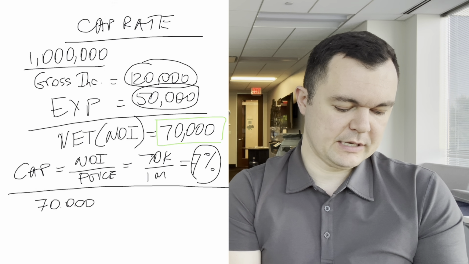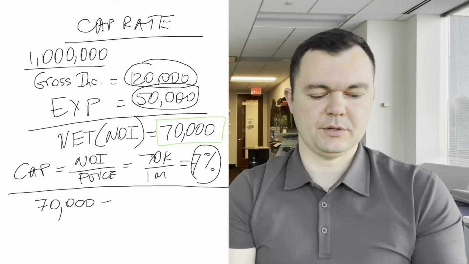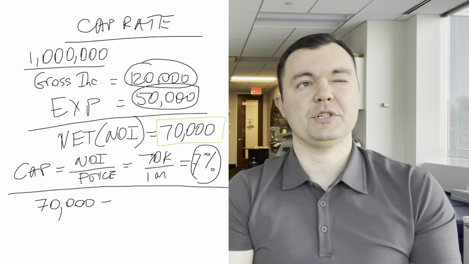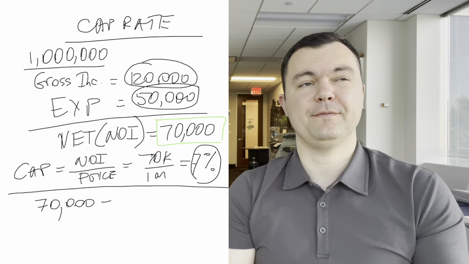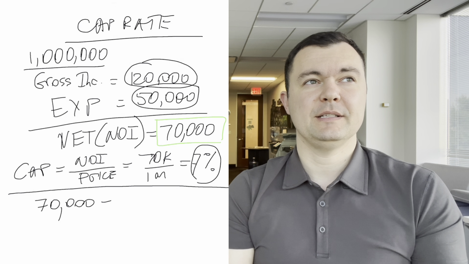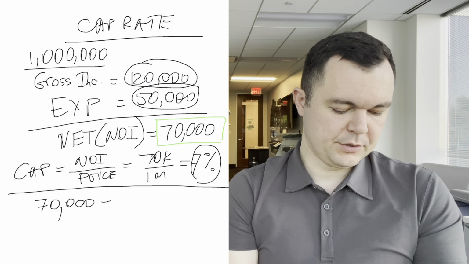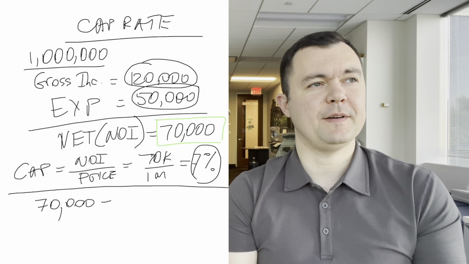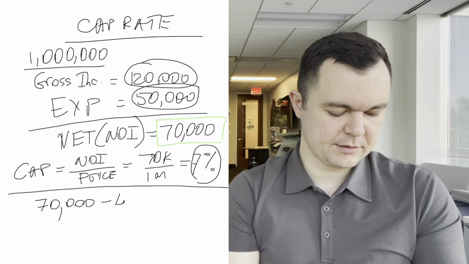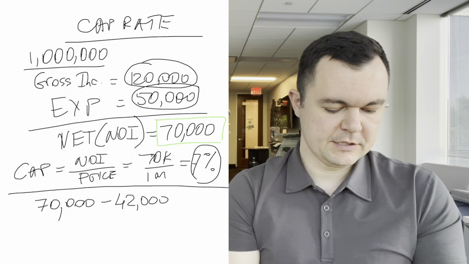Now I'm doing the numbers off the top of my head, so I don't know how much the mortgage is going to be. Let's say mortgage is probably going to be around $4,500 maybe, but we already have taxes and insurance. Let's say $3,500 for the mortgage if we put 25% down. So $3,500 multiplied by 12 is 35,000 plus 7, 42,000 in mortgage payments.